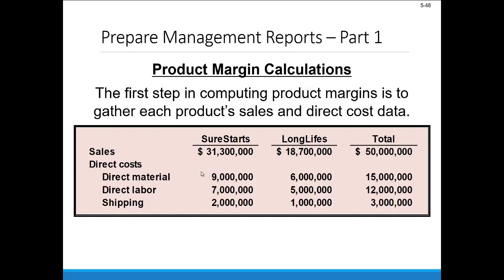And then we had some direct costs. Direct materials, $9 million and $6 million for the two products respectively. Direct labor, $7 million and $5 million respectively. And then some shipping, direct selling cost, $2 million and $1 million respectively. So again, these things we don't have to allocate via any kind of activity rate. We're just tracing them directly to the individual products.